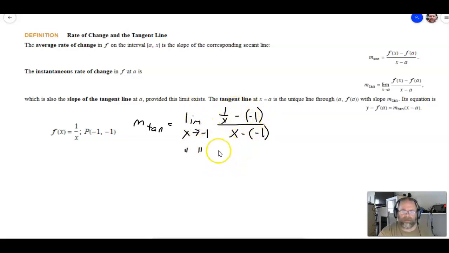So I'm going to combine the top there. So this is going to be 1 over x plus, and I can change 1 to x over x.